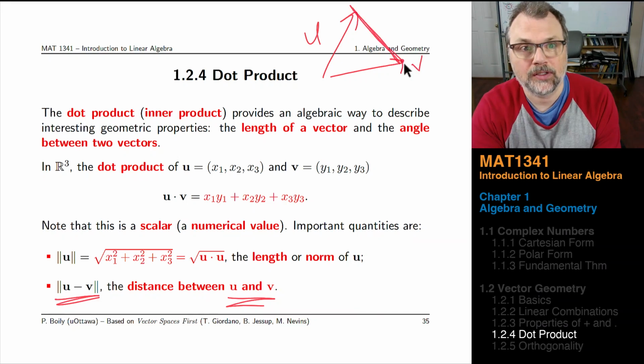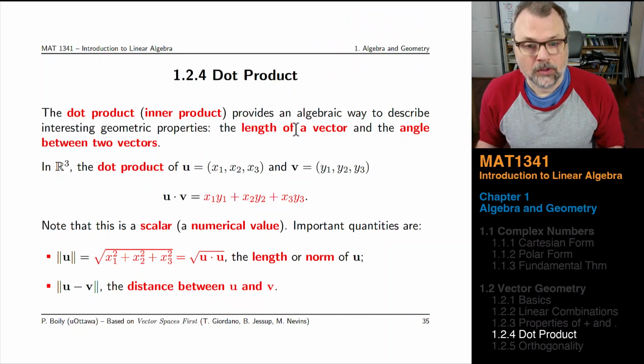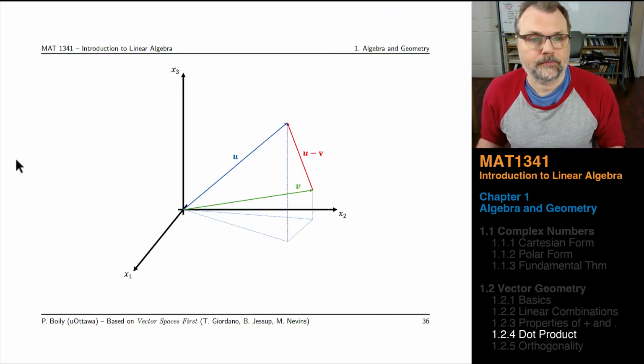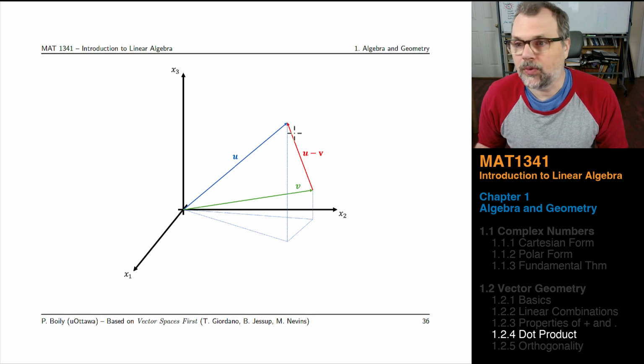Looking at this quantity here, there's a nicer drawing of the situation. This is the vector u, and this is the vector v. u minus v would be the vector between the tips of u and v pointing towards u.